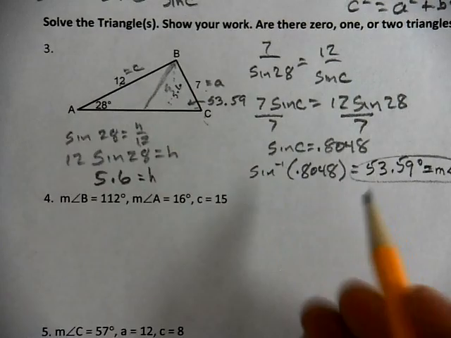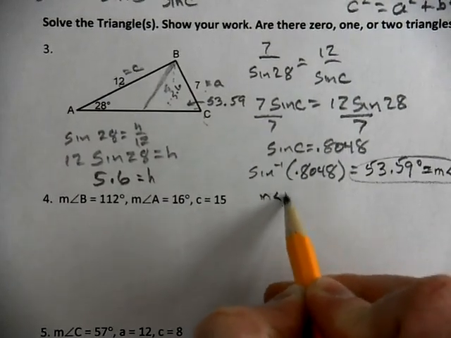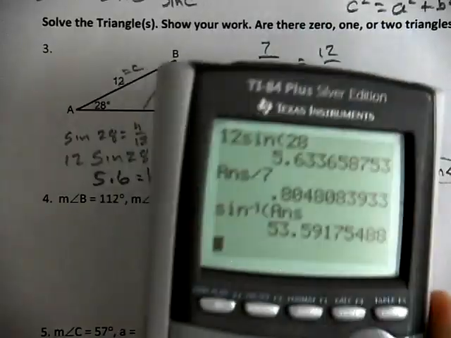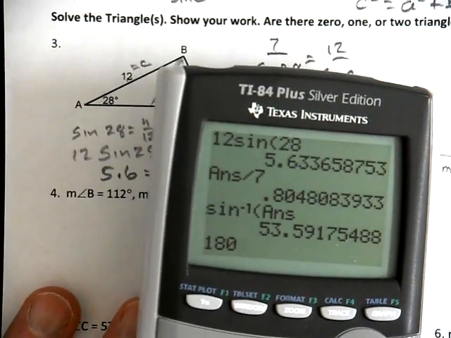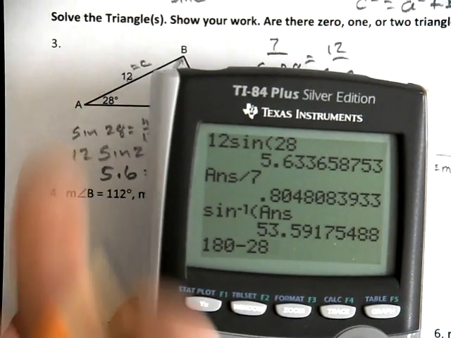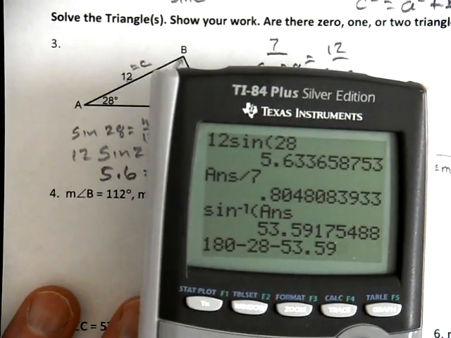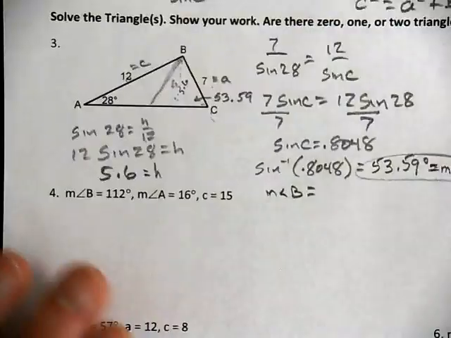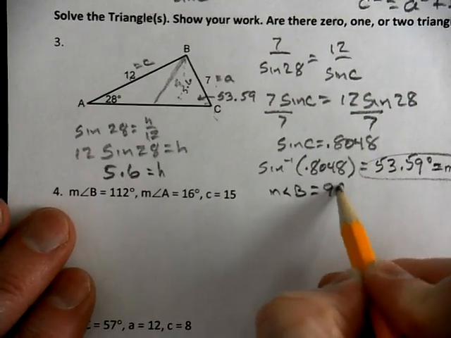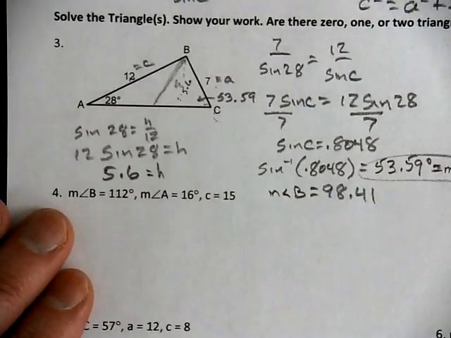So now we can find the measurement of angle B by saying 180 minus the 28 that we already know, minus the 53.59 that we just calculated, and that gives us 98.41.